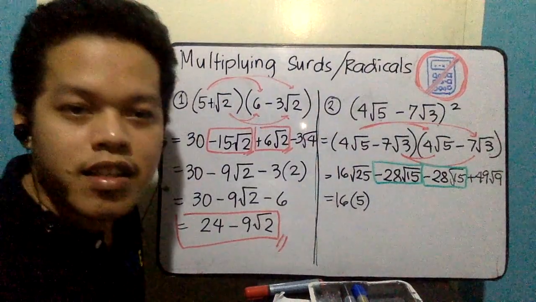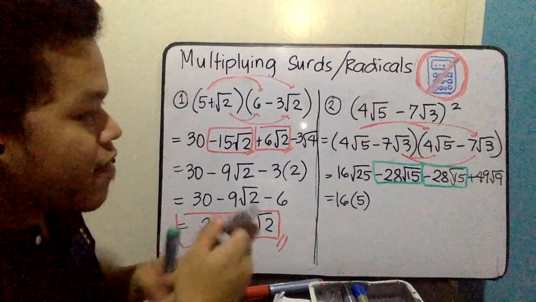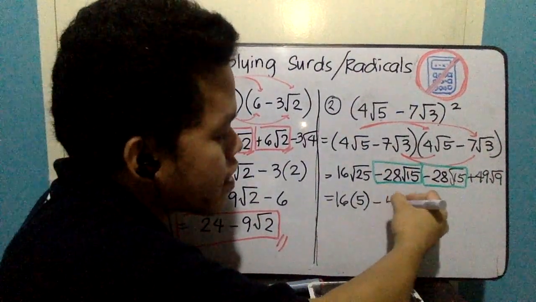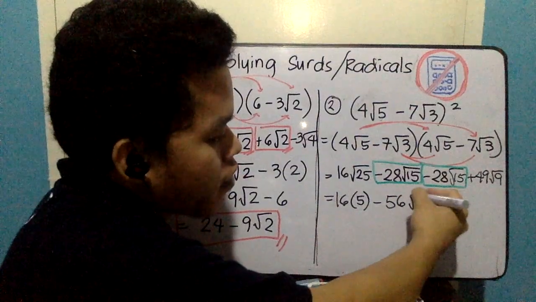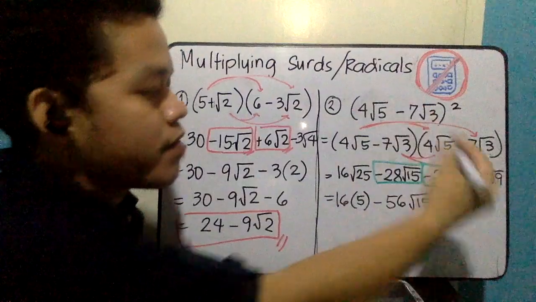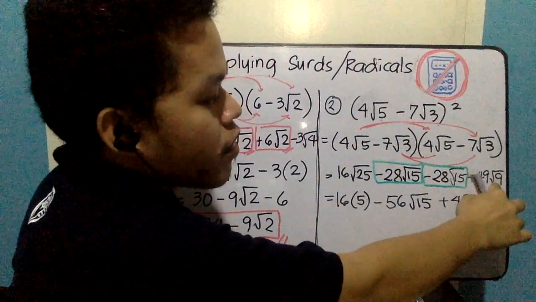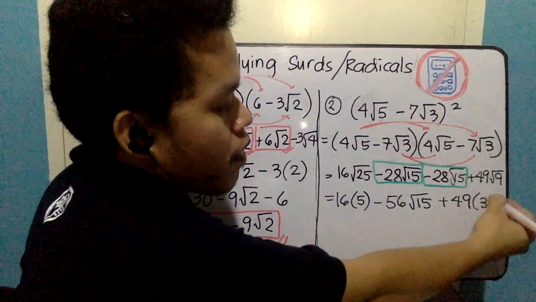Just imagine it's negative 28x minus 28x. So that gives you 56x, or 56 square root of 15. Okay, and then plus 49, and the square root of 9 is equal to 3.